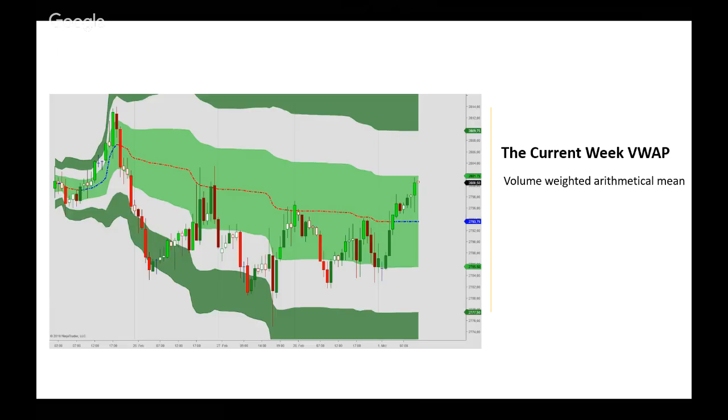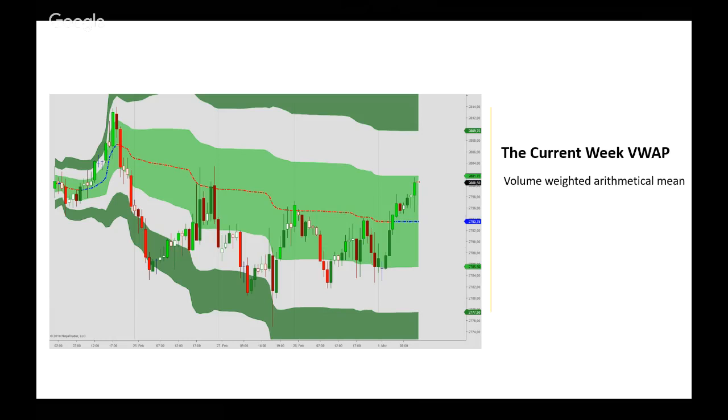The current week VWAP plots the volume-weighted arithmetical mean of all transactions that take place during the weekly session. It is found by adding the prices for every transaction during the week divided by the total contracts traded during that time.